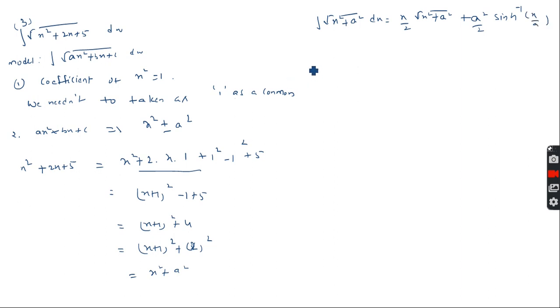Here we compare the integral of root of x square plus 2x plus 5 into dx. How can it be written? It can be written as the integral of root of x plus 1 whole square plus 2 square into dx. So with the same formula, x equals x plus 1 and a is equal to 2.